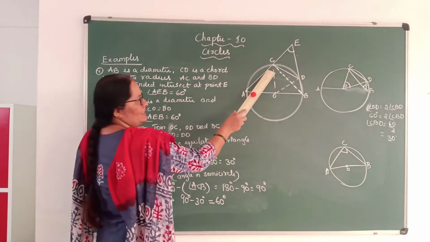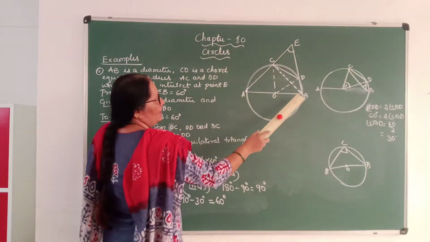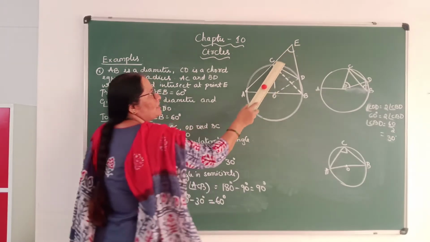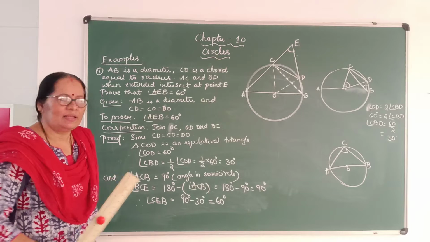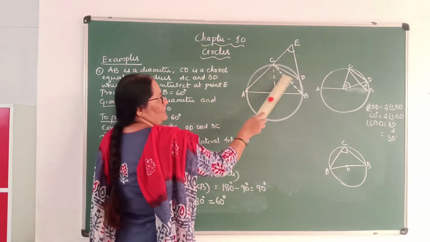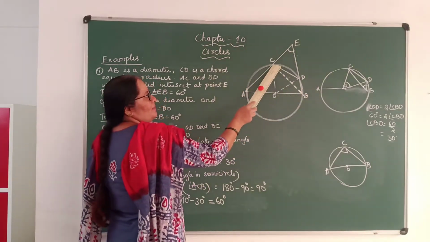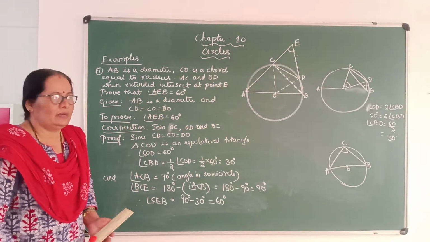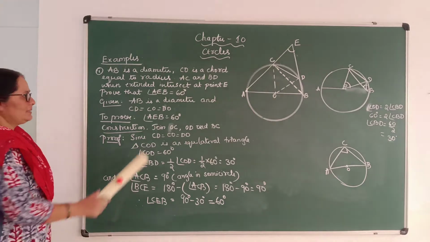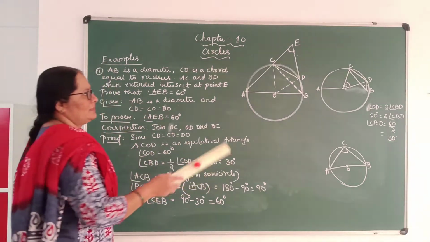When angle ACB is 90 degrees, then angle BCE is also 90 degrees because AC is a straight line, right? So angle ACB equals angle BCE, which is 90 degrees. I hope you understood.